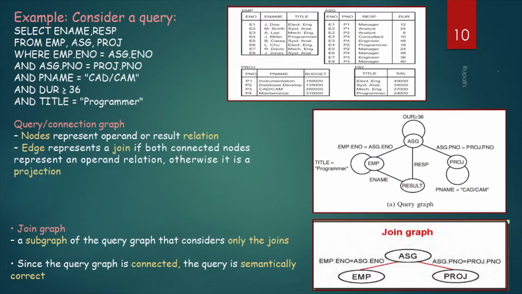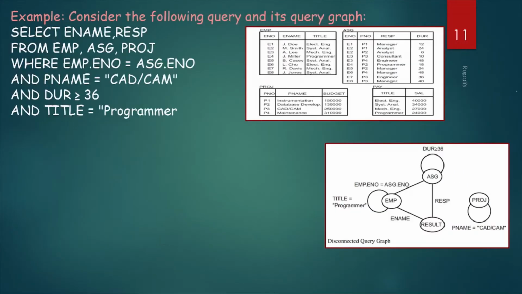Now take one example where it is semantically incorrect. First we draw the query graph. Select ename, RESP, from table EMP, ASC and project, where emp.eno equals asc.eno. There is one join.